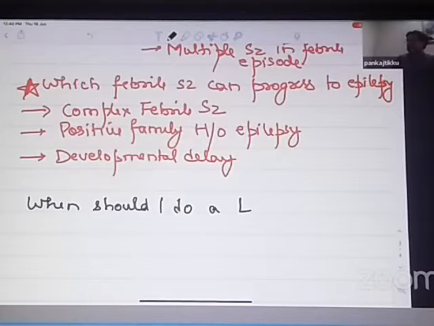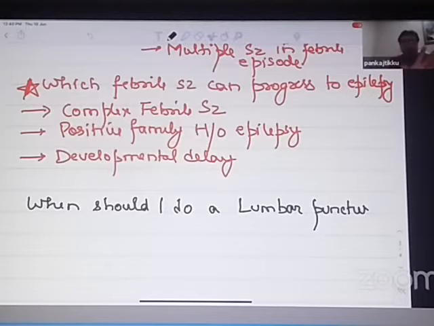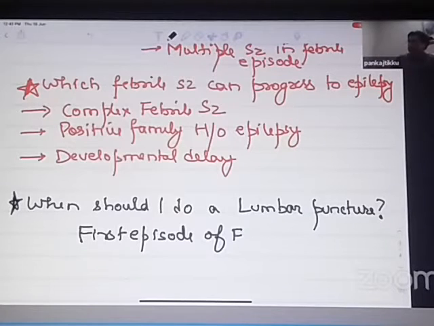A lumbar puncture is a test by which we take out the CSF. We take out the CSF and look for meningitis. So do we need to do any investigations routinely in a febrile seizure? No. But sometimes you may need to do a lumbar puncture to rule out meningitis, usually whenever there is a first episode of febrile seizure, and there are signs and symptoms suggestive of meningitis.